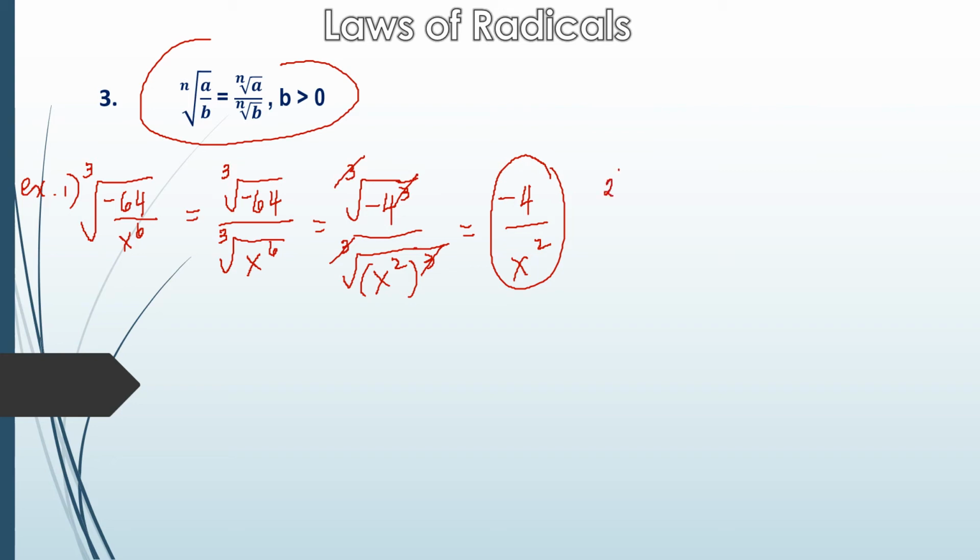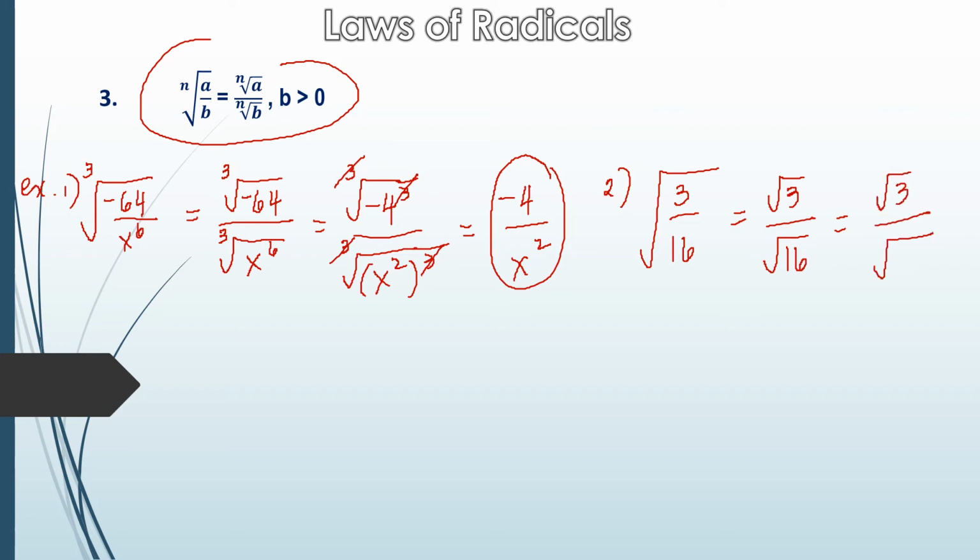Let's have another example. Let's say we have the square root of 3 over 16. Applying the given law of radical, this is the same as the square root of 3 over the square root of 16. So we have the square root of 16 in exponential form is 4 raised to the 2nd power.